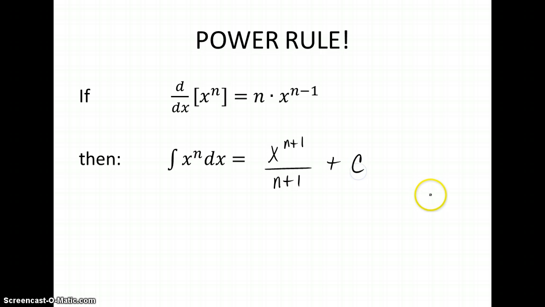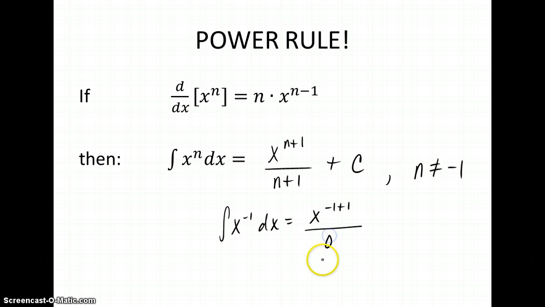Always adding our plus c, and this rule is true everywhere except where n equals -1. Okay, and why is that? If we added 1 to the original exponent and then divided by that value, we'd be attempting to divide by 0. So the power rule for integrals works for every exponent except -1.